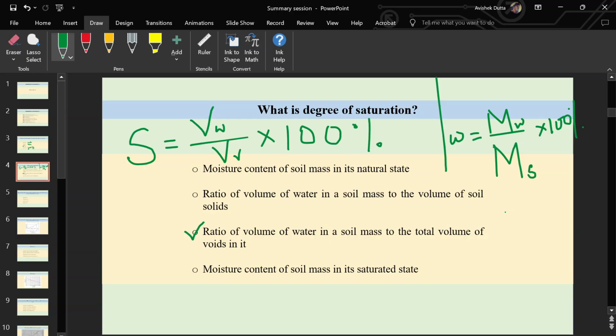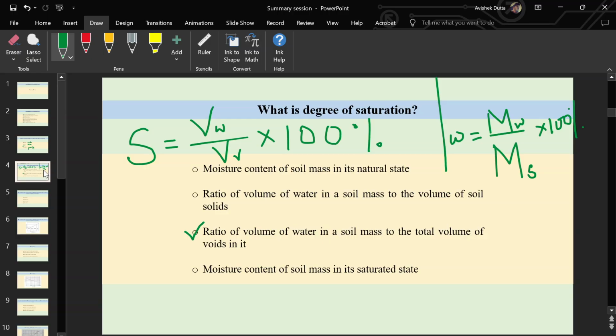Now remembering those formulas, these things are very important. So like this, saturation with respect to the volume, moisture content with mass, these things we should remember very carefully. Okay, so back to the question now. Degree of saturation means ratio of the volume of water in a soil mass to the total volume of voids in it. Correctly said.